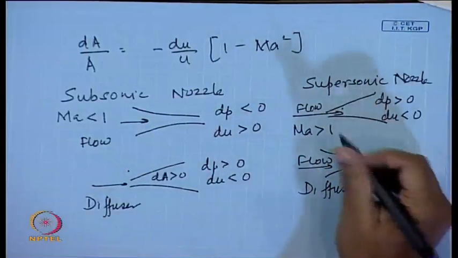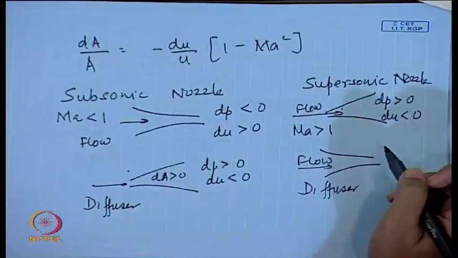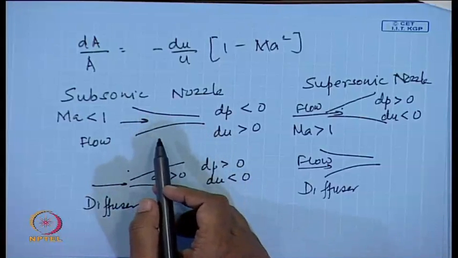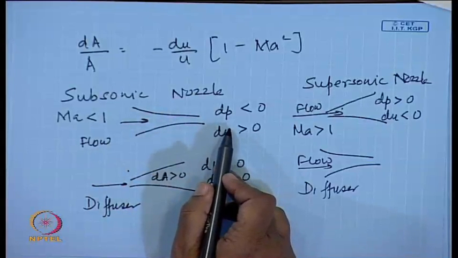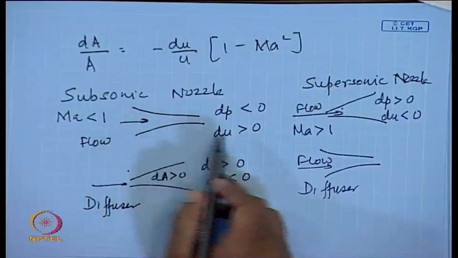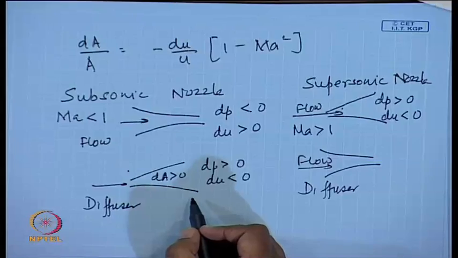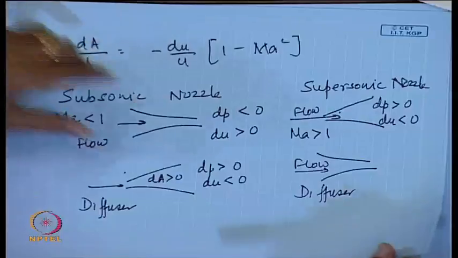Okay. So, from these things what do we deduce? The important observations are that at subsonic speed, that means when Mach number is less than 1, a decrease in area increases speed of flow. A subsonic nozzle therefore should have a convergent profile, a subsonic diffuser should have a divergent profile, is it not? So, we can just jot it down in this fashion.